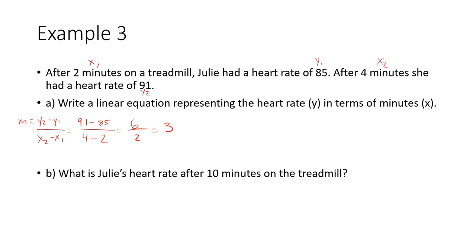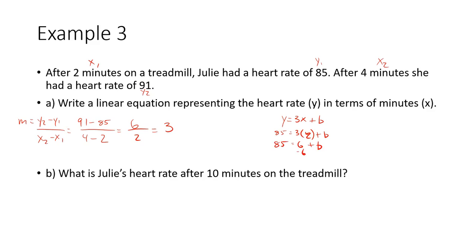Now we want to find the y-intercept. Y equals 3x plus b. We'll just use our first point. Y is 85. And x is 4. I'm sorry, x is 2. So this is 6 plus b.